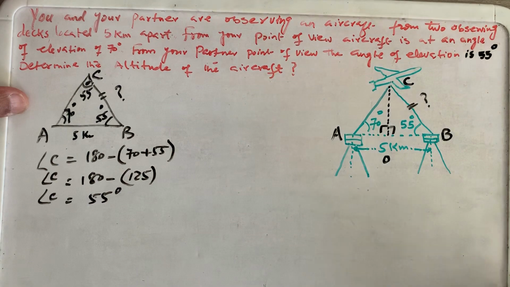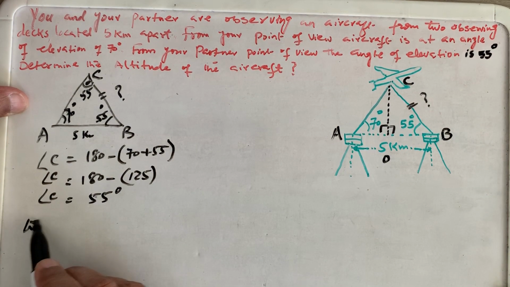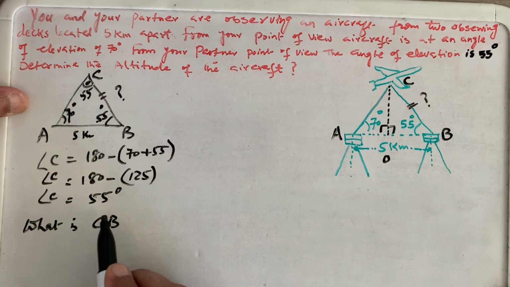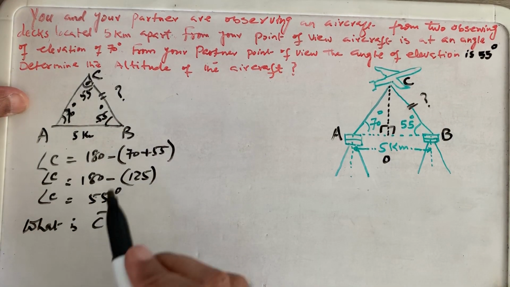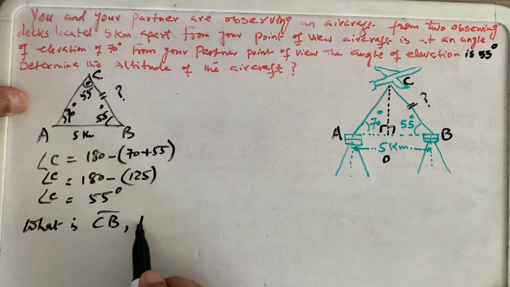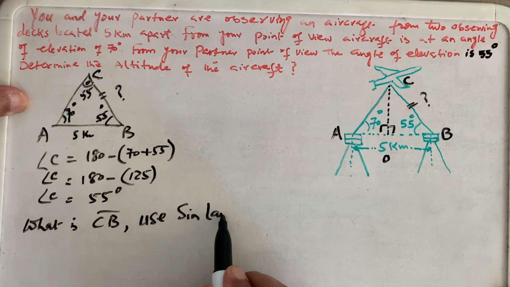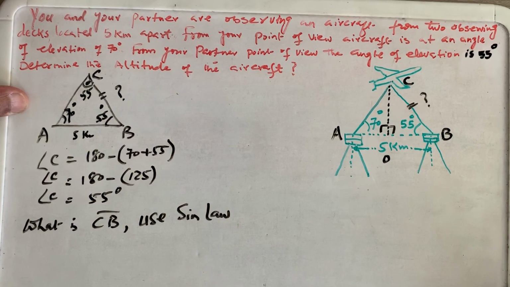Now I have to find out my side length CB. What is CB? For CB, I can use the sine law. We have videos on sine and cosine law practice, but here we are using the sine law together with the trigonometric properties, sine, cosine, and tangent, which we learn as SOHCAHTOA.